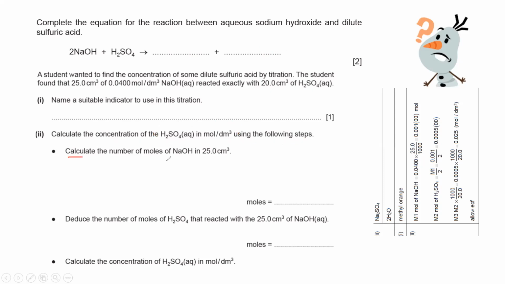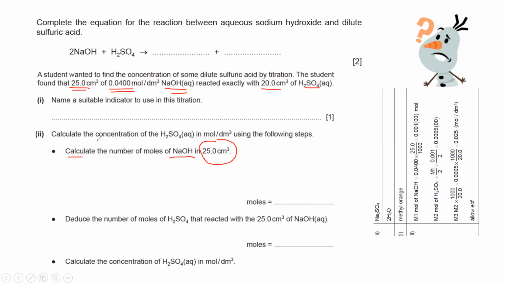First they are saying to calculate the number of moles of sodium hydroxide in 25 cm cube. If you read the question, a student wants to find the concentration of some dilute sulfuric acid by titration. Titration is a technique by which we find the concentration of different substances. The student found that 25 cm cube of 0.04 mole per dm cube sodium hydroxide reacted with 25 cm cube of H2SO4, or sulfuric acid.